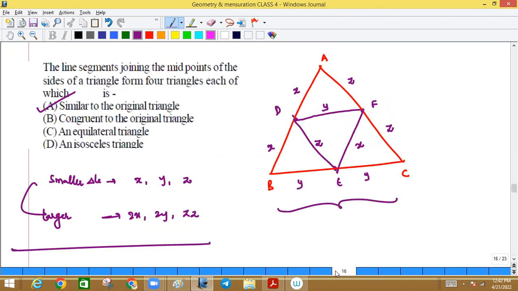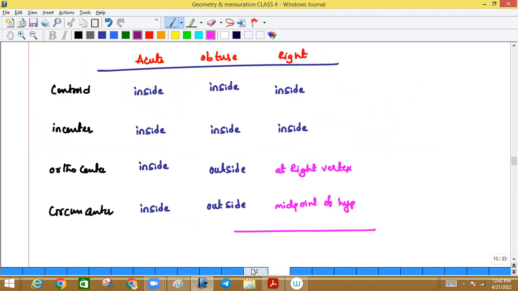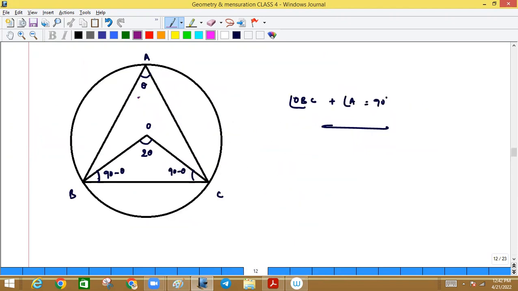Look at here. What is an angle here and here? I gave you OBC plus angle A is equal to what? Same thing with OAC plus angle B is equal to what? 90 degrees. OCA, or else OCB plus angle C. Sorry, angle A it is.